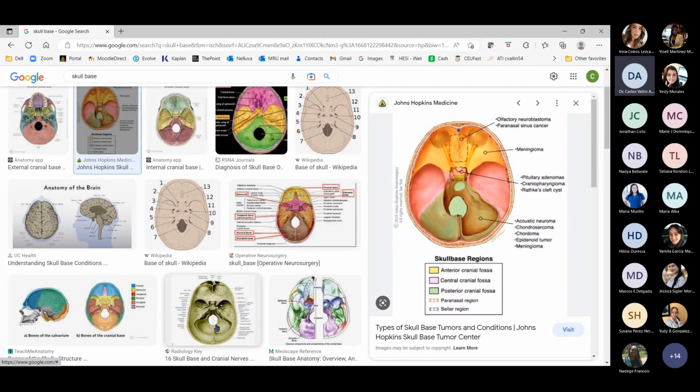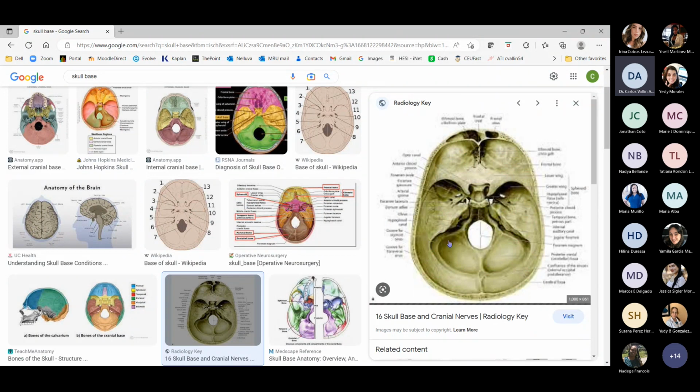Okay, in the posterior fossa, you have a structure that is the inner ear. So the inner ear and the middle ear, in the area of the mastoids, are part of the base of the skull. The base of the skull is the weakest part of the skull, and is the one that fractures with more frequency.